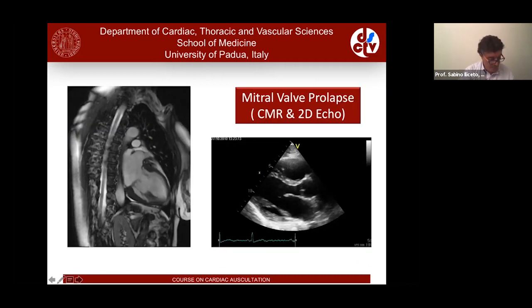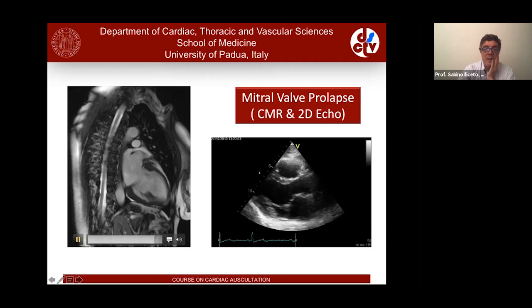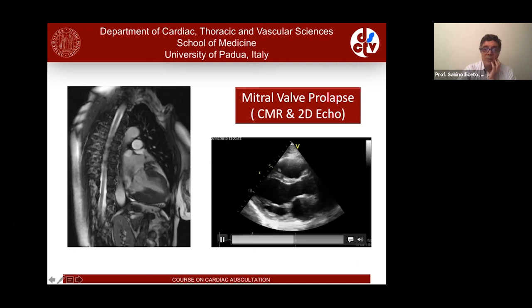On the contrary, magnetic resonance is extremely sophisticated because it gives us the possibility to understand that there is this enlargement of the left atrium, and above all, this discontinuity of the annulus that is difficult to appreciate by echocardiography.